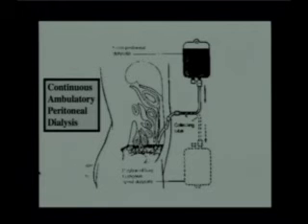It's kind of a slosh, they've got fluid in their abdomen. And then at the end of 4 hours or so, usually 4 hours in the daytime, 6 or 8 hours at night, then they will empty it out and put more in and repeat the process all over again. So that's continuous ambulatory peritoneal dialysis.